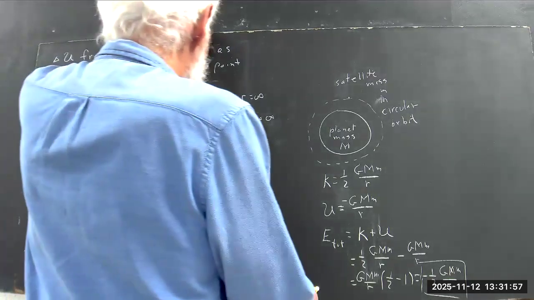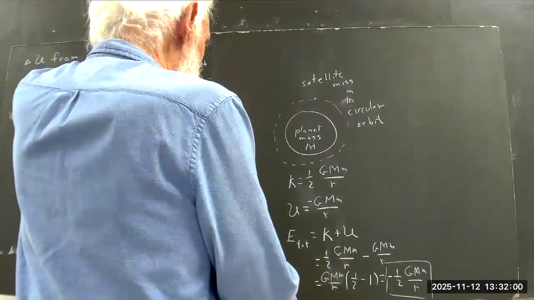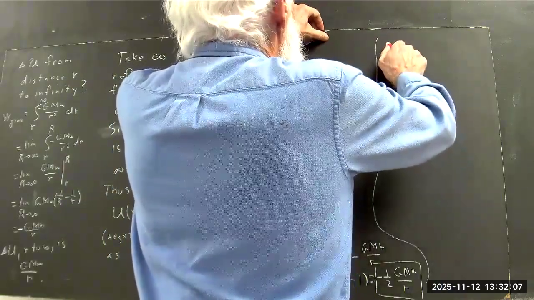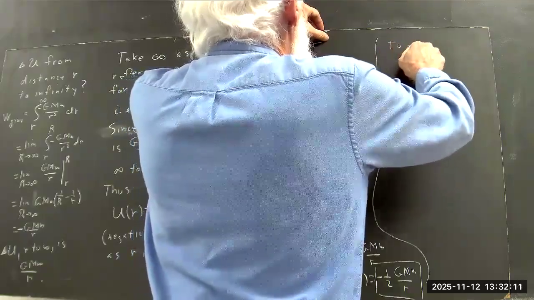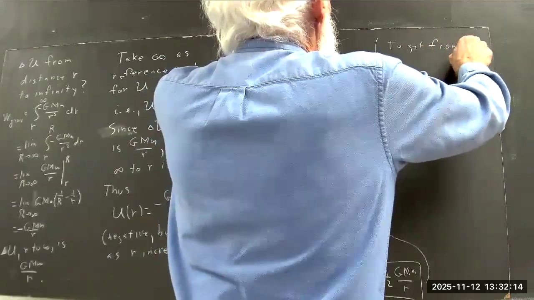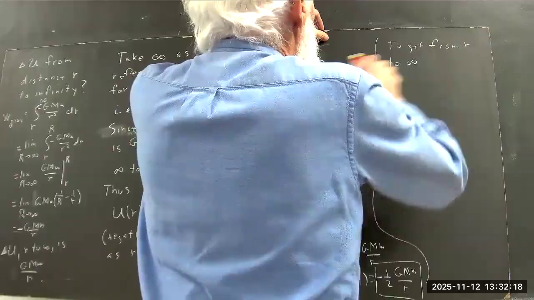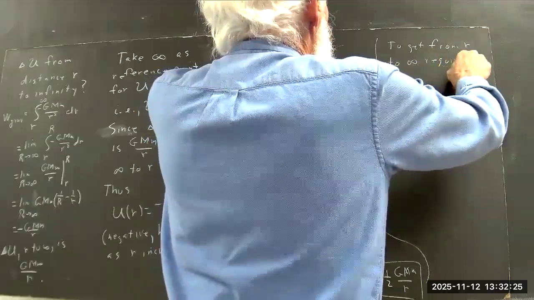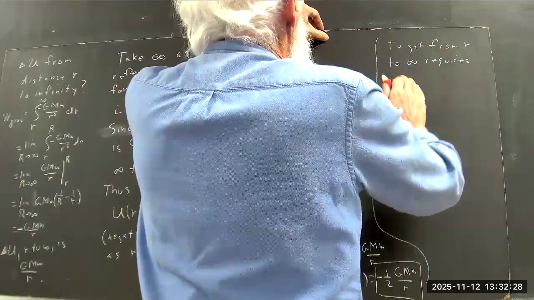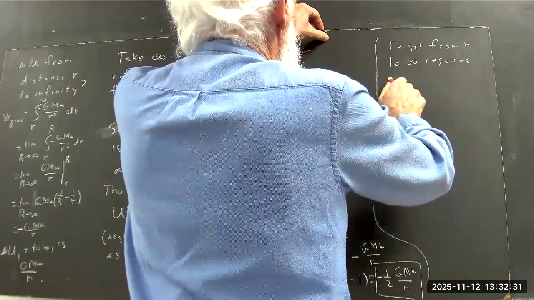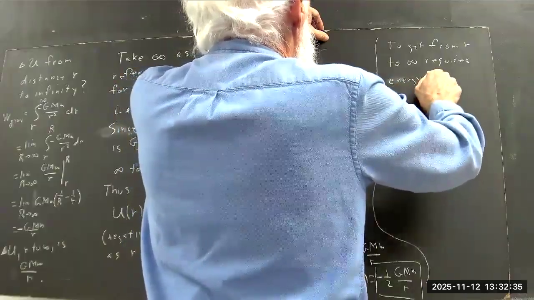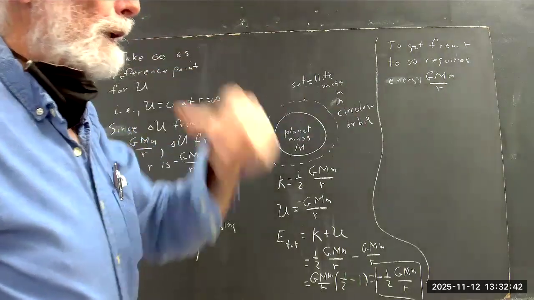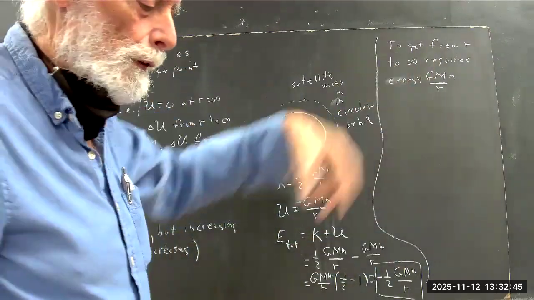So one more thing: to get from R to infinity requires energy big G, big M, little m over R. Okay?